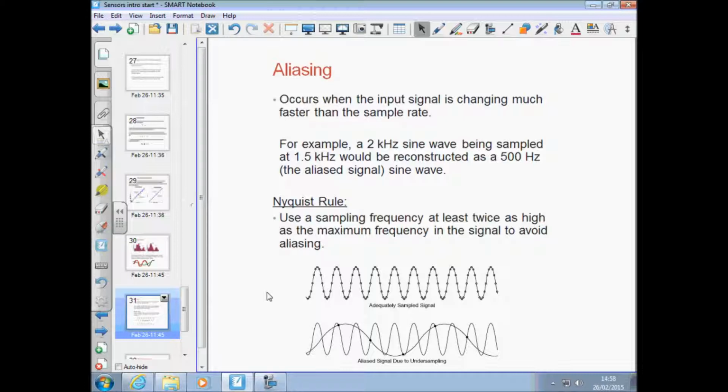Whereas if you adequately sample, you get a good sampled signal. There's a rule called the Nyquist rule, where you should have a sampling frequency at least twice as high as the maximum frequency in the signal you're trying to digitize. So if you're expecting frequencies up to 2 kilohertz, you need to sample at 4 kilohertz to get a reliable representation of that signal.